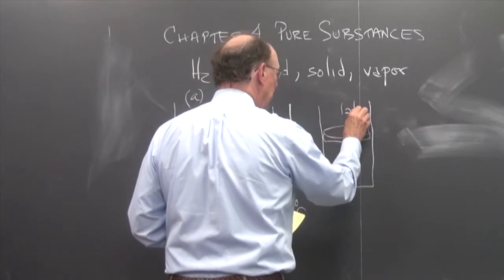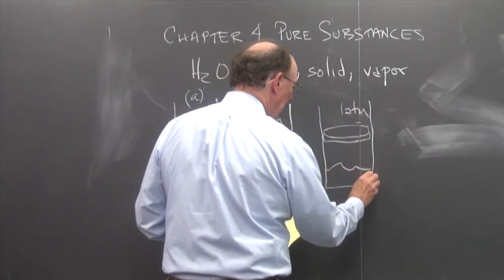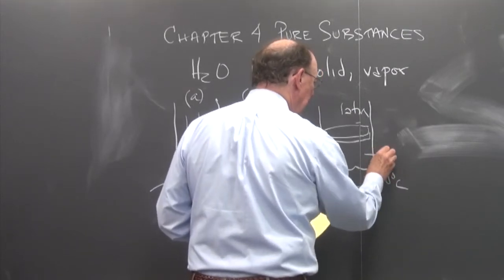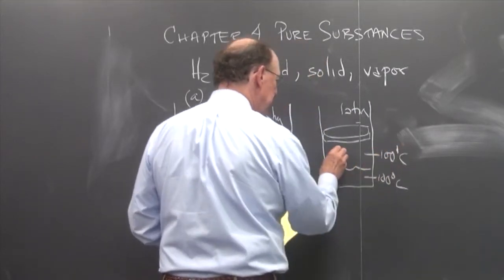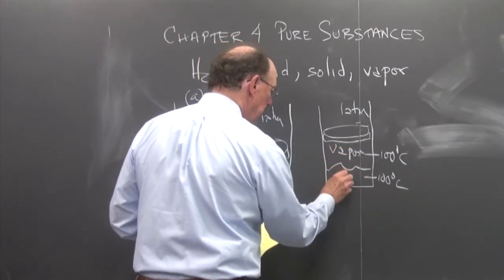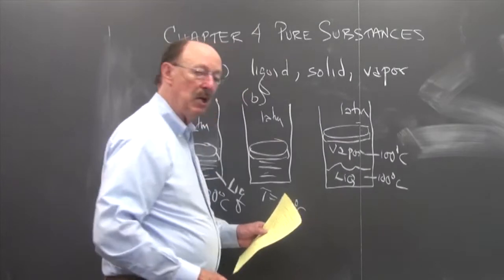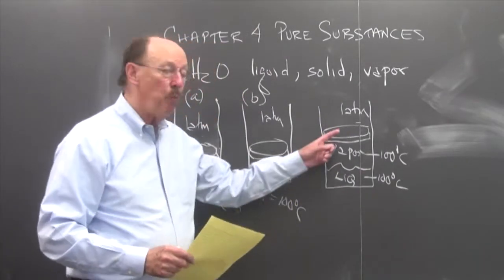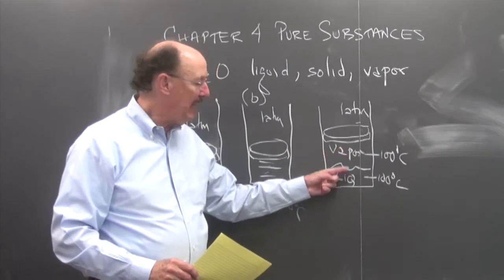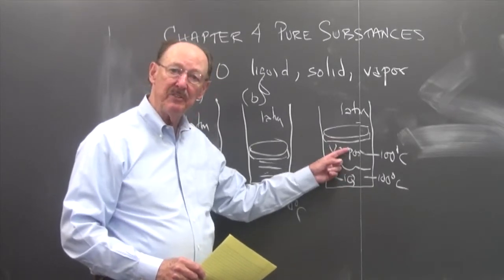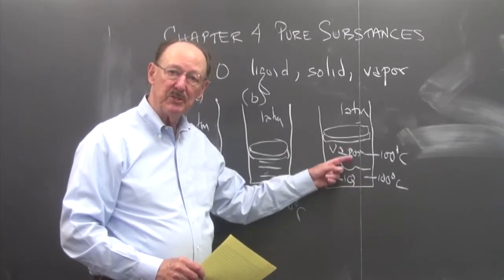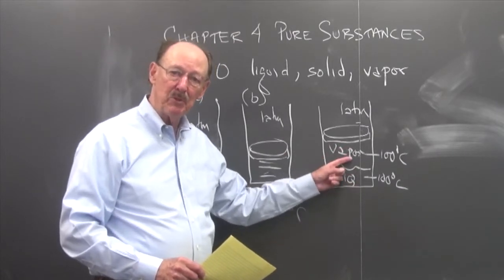At 1 atmosphere, this is 100 degrees C, the liquid is, and the vapor is. This is the vapor. This is the liquid, and they're both at 100 degrees C. So one of the properties of a pure substance is that when I have a vapor and liquid in contact with each other, they're at the same temperature, and they'll be at the same pressure.